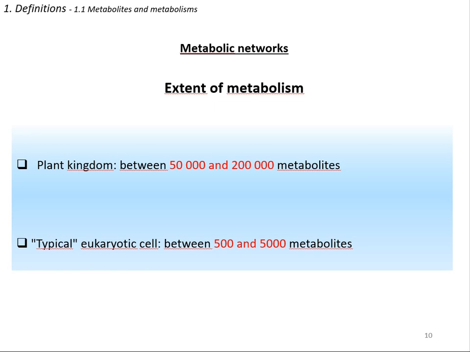And then you have a typical eukaryotic cell. I don't really know what it means, typical, but it's once again just to give you a notion about it. In one cell type, you will find between 500 and 5,000 metabolites. So this is a range of this diversity of metabolites.